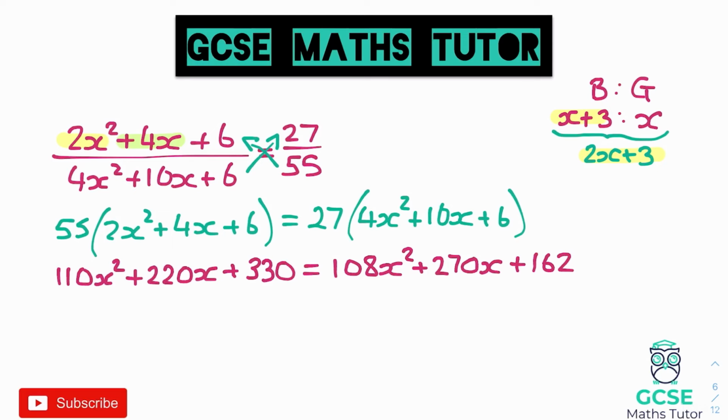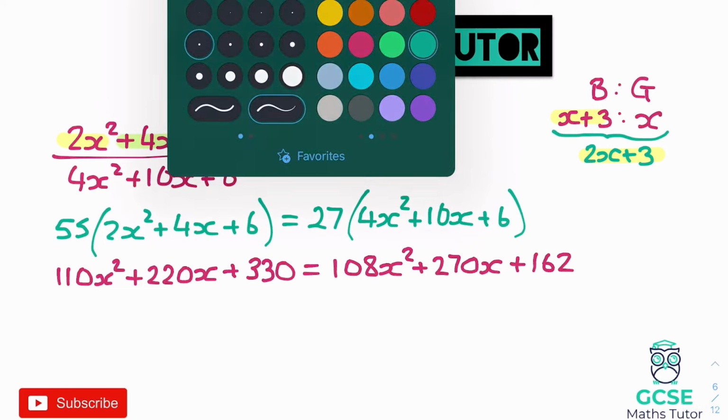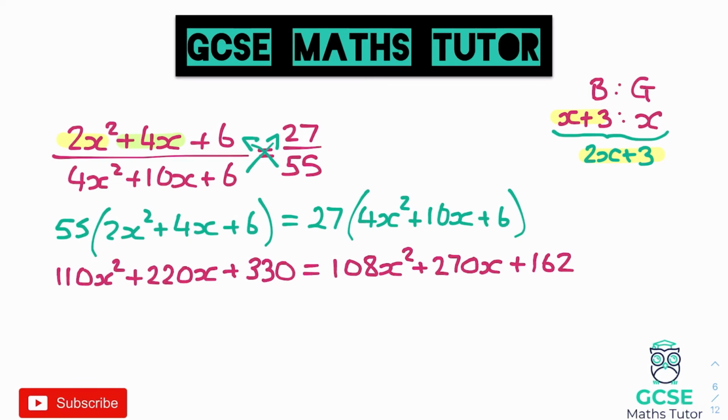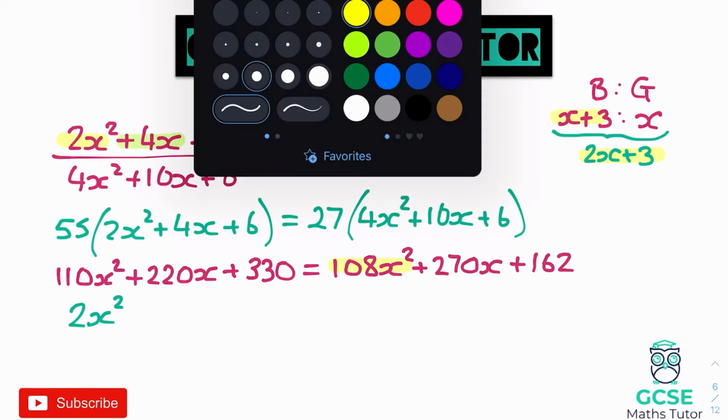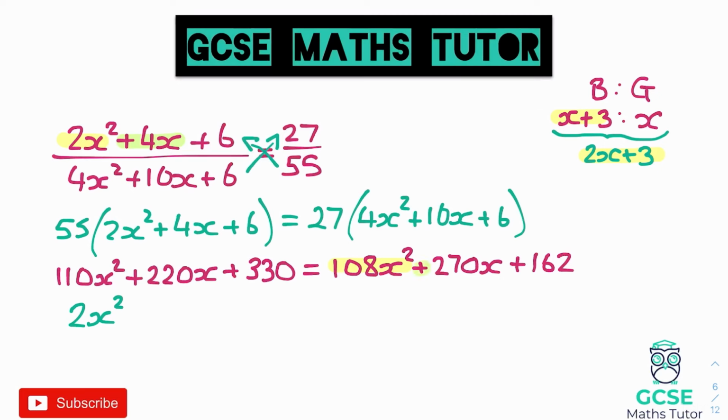So everything on the right there, let's move that over to the left and see what we get. So let's minus the 108x squared from both sides to start with. So take that away from the 110x squared, leaves us with 2x squared. Then we've got the next one. We've got 270x and we need to remove that, and we've got 220x on the left.